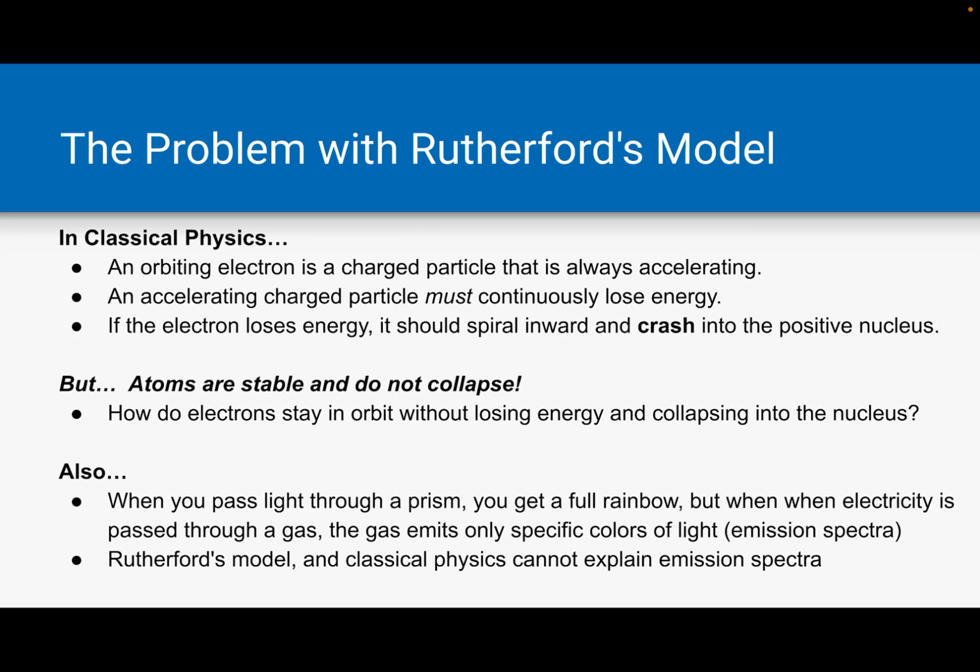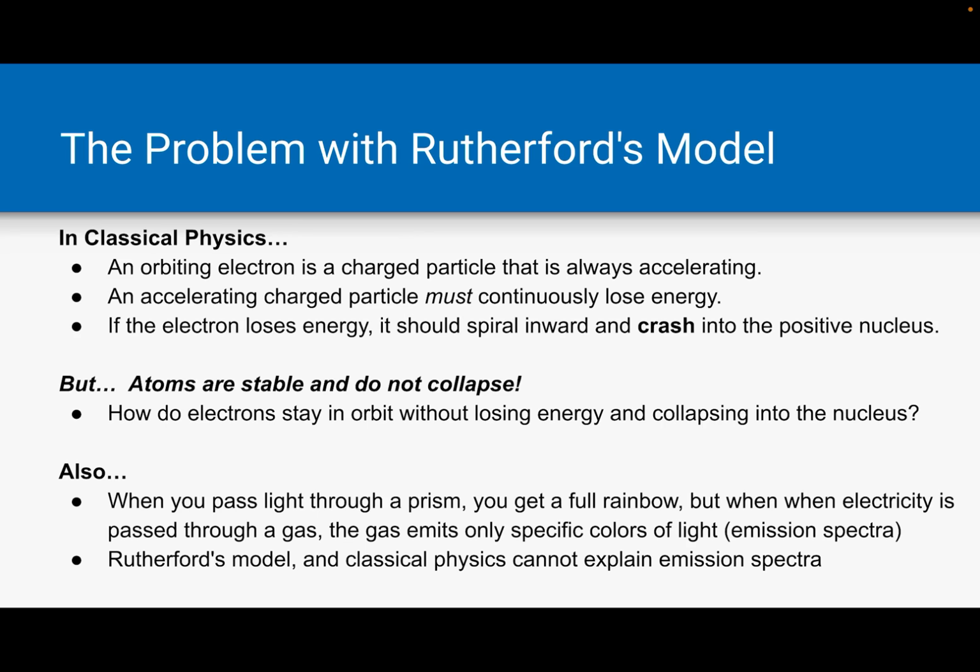But if it's continuing to accelerate, it will be losing energy. And if that's the case, it should be crashing into the nucleus. There's a lot of math involved in why classical physics would have predicted that. But basically, the rules of classical physics, which is what I would call macroscopic physics, the stuff we're used to, you drop something and it falls, things rolling and following the rules that we're accustomed to seeing with our eyes. Rutherford's model did not follow those rules.